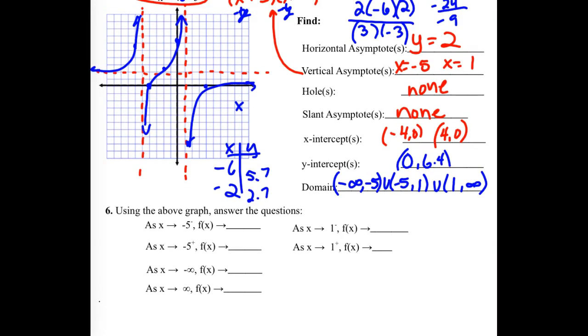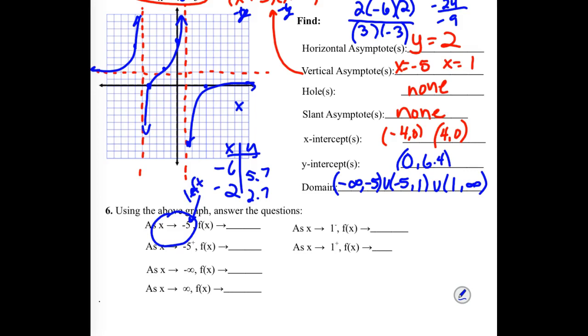It's asking us to analyze our picture and indicate where our function is headed in 6 different situations here. The first one says, as x approaches -5 with a little negative sign next to it. What does that mean? We're coming from the left. That little negative sign means we are approaching from the left side. A positive sign means we're approaching from the right.